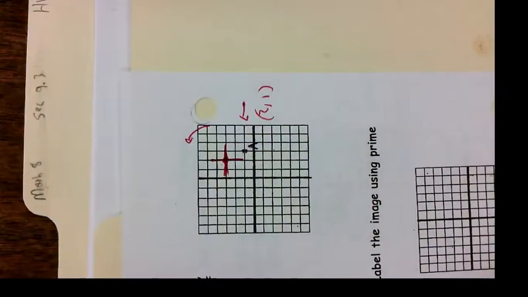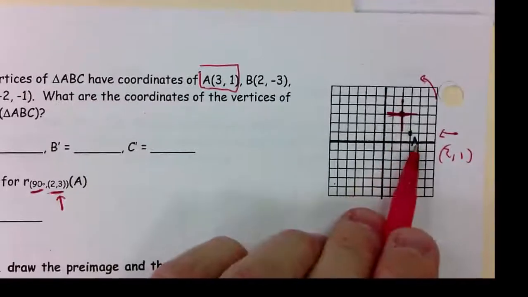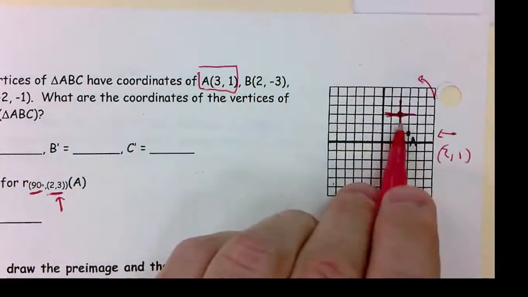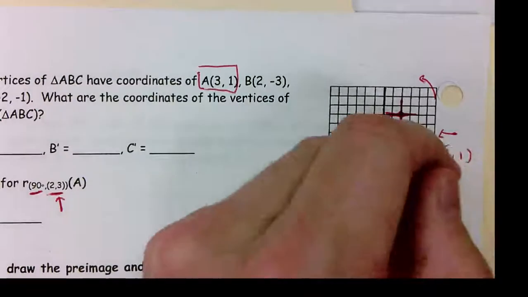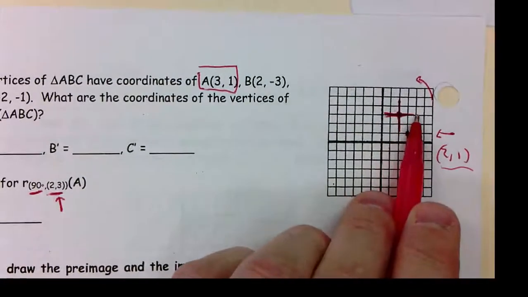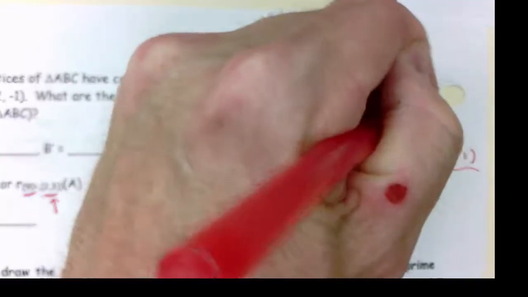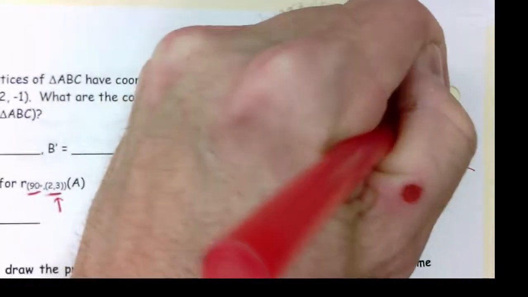So let's go ahead now and put it back the way it was and graph the point A around the fake origin at positive 2, positive 1. That would be right here. This would be A prime.